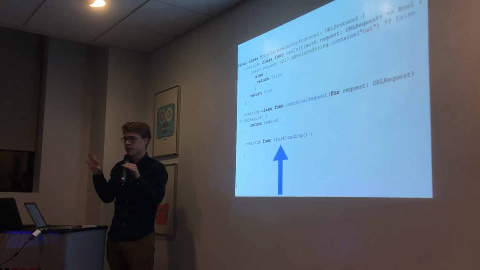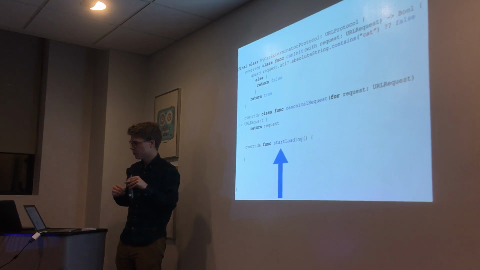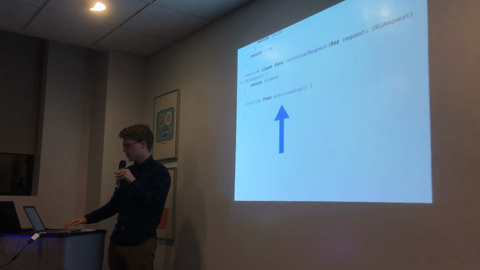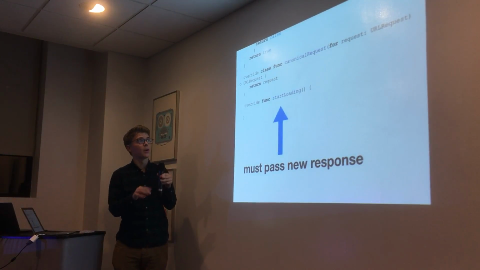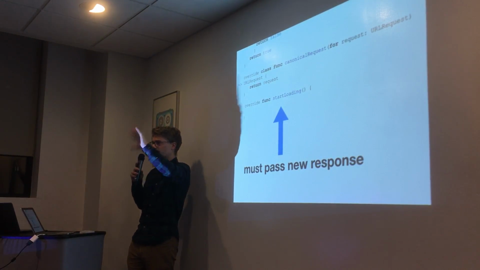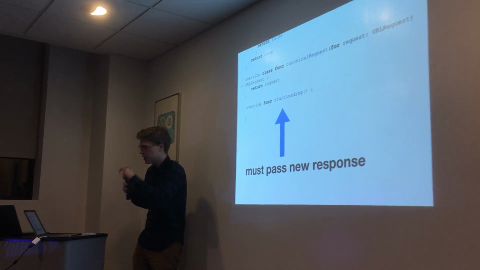And this is probably the most important function that we have to override if we're going to extend URLProtocol: startLoading. It is crucial that we pass a response to the URL loading system, because if not, we'll just hang all requests and we'll never get responses. So it's critical that you create a response and pass it back.